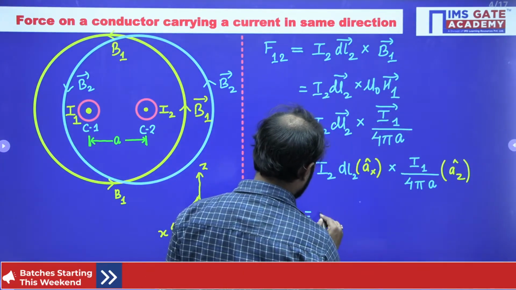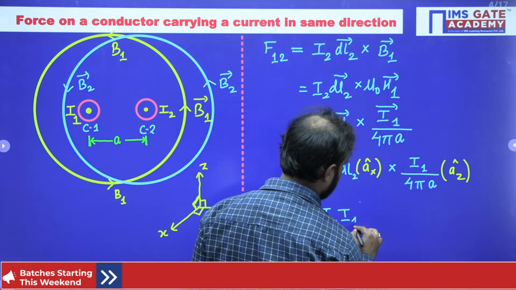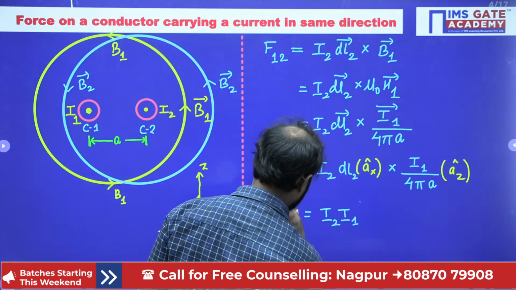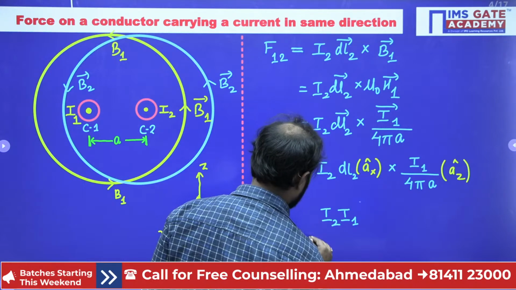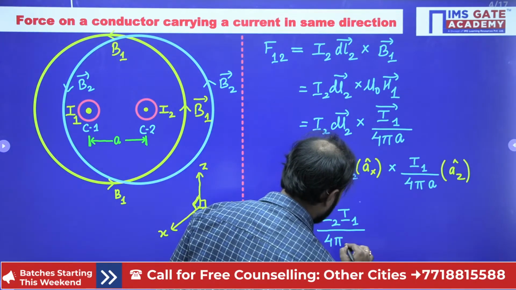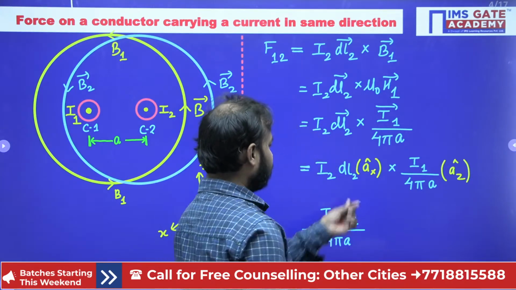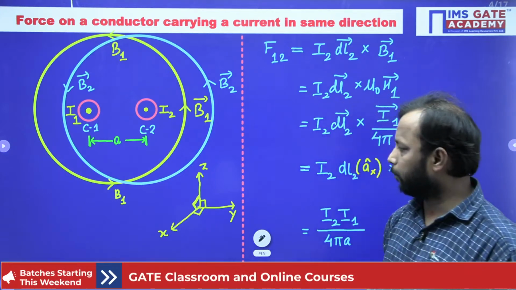So can I write this value I2, I1 upon 4 pi A, and this is AX cross AZ. So AX cross AZ means what?